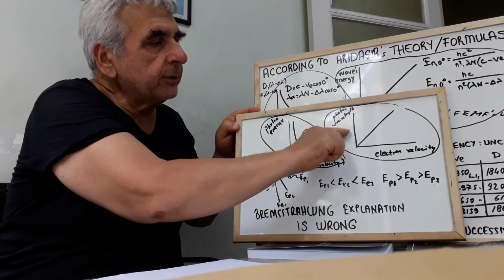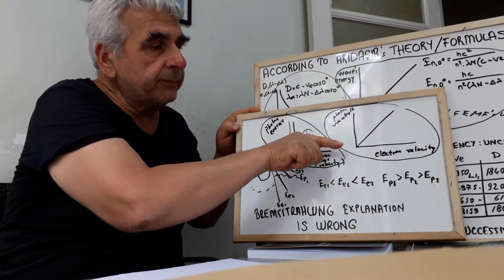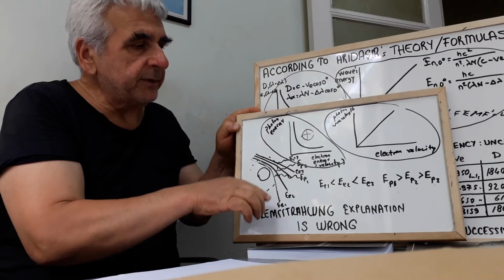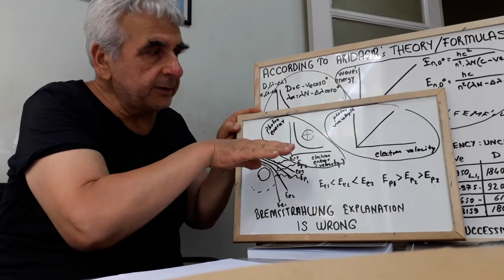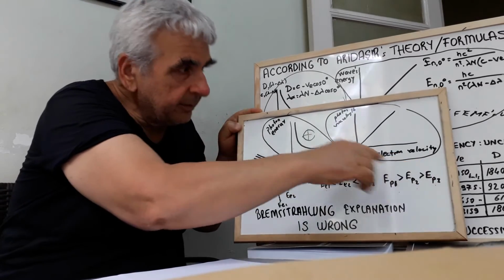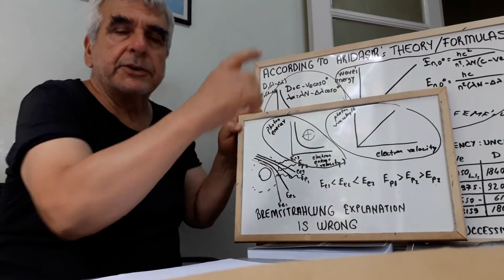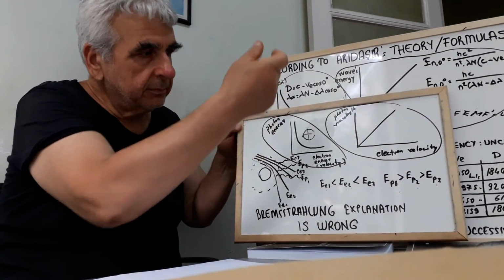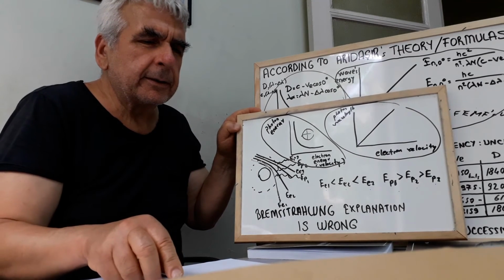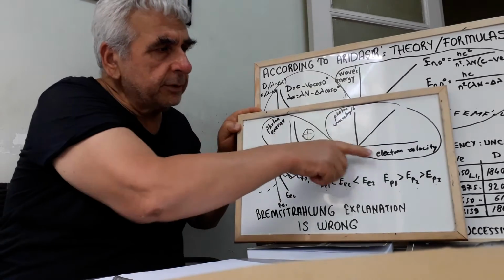This is photon wavelength. For accepted physics, the Bremsstrahlung explanation, if electron velocity or energy increases, photon wavelength decreases, shrinks. Directly proportional to this velocity.